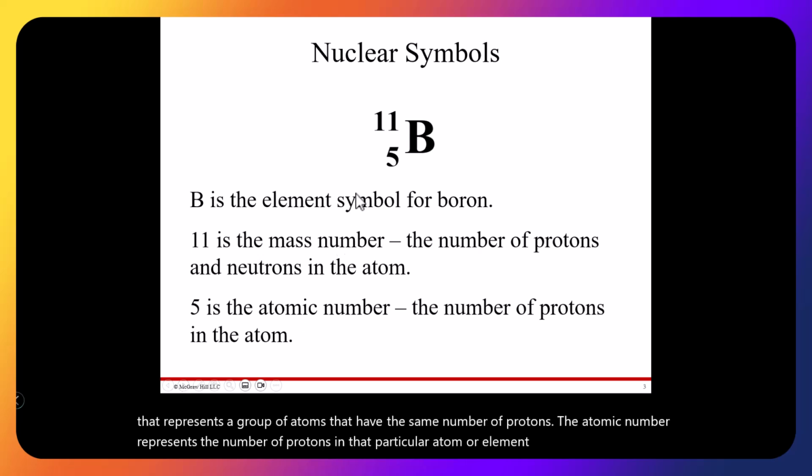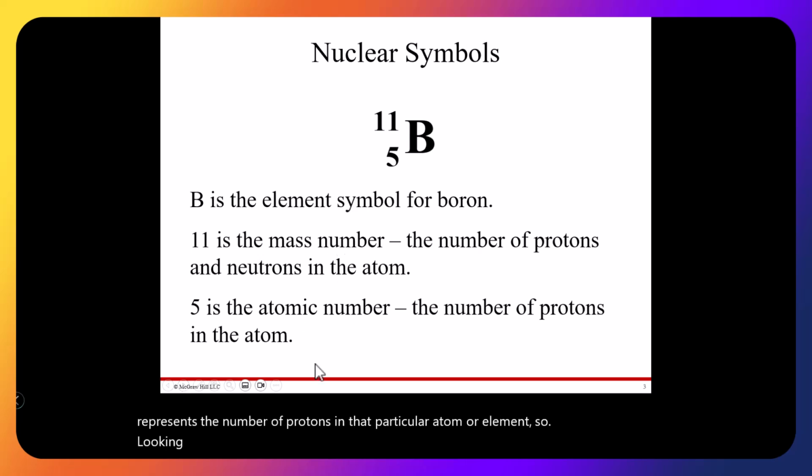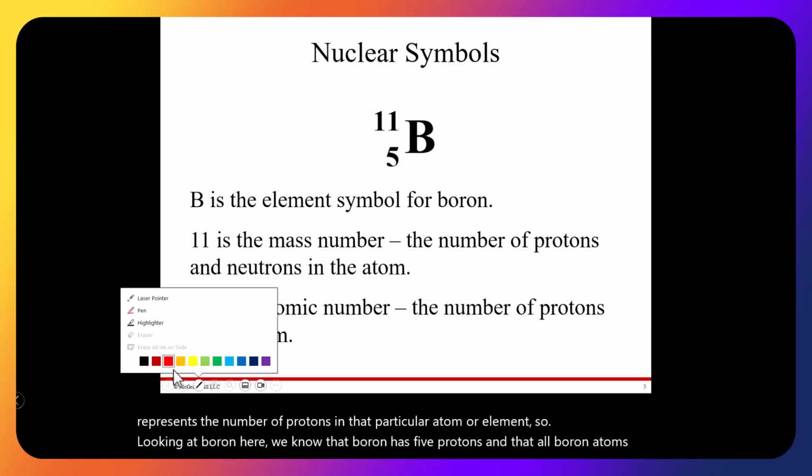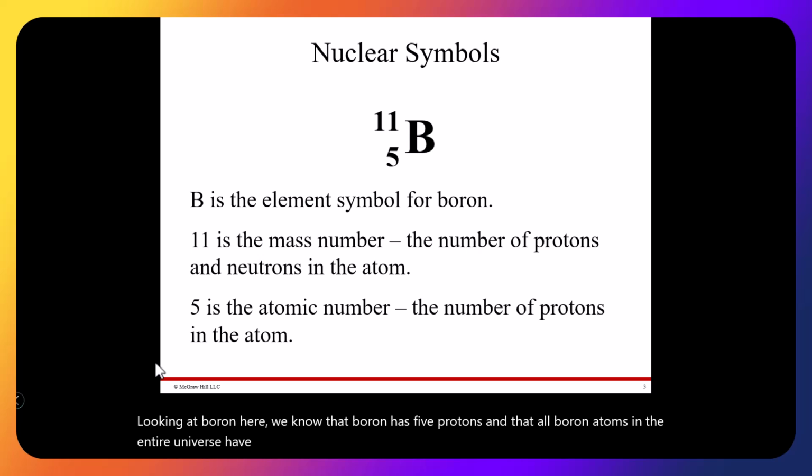So when we're looking at boron here, we know that boron has 5 protons, and that all boron atoms in the entire universe have 5 protons. So that number 5 in the bottom left hand corner represents the number of protons.